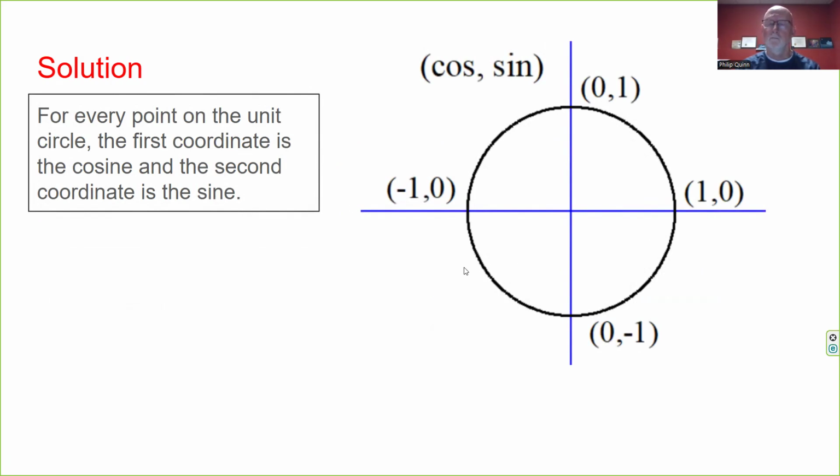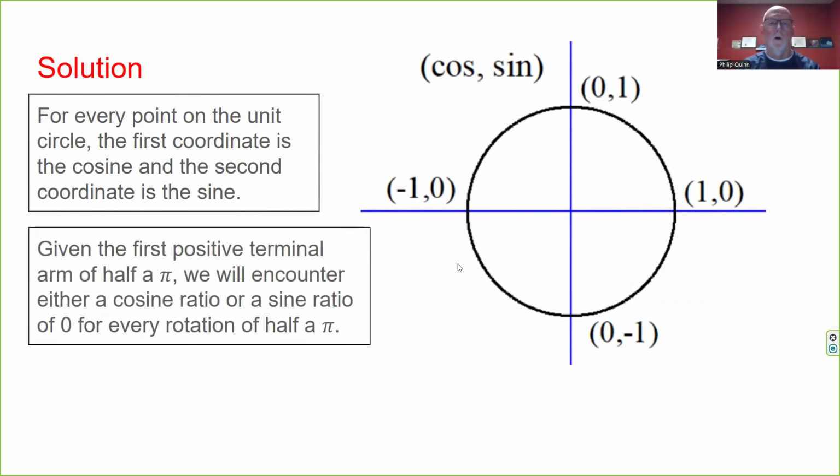How does that help us? Well, we're looking for cosine 0, which would be up here at half a pi or 3 pi over 2, or sine 0, which would be over here at pi or 2 pi or 0.